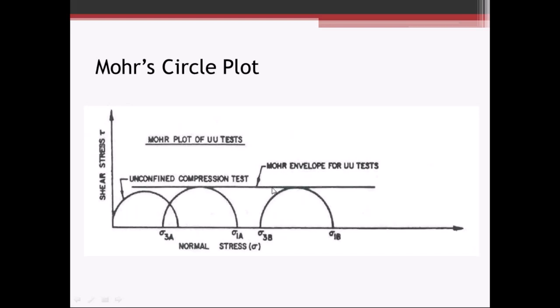So from those tests, the Mohr failure envelope can be established and the undrained shear strength can be determined. You also see on here that the unconfined compression test is plotted, which starts at 0, because in the unconfined compression test there's no pressure around the sample when it's tested.